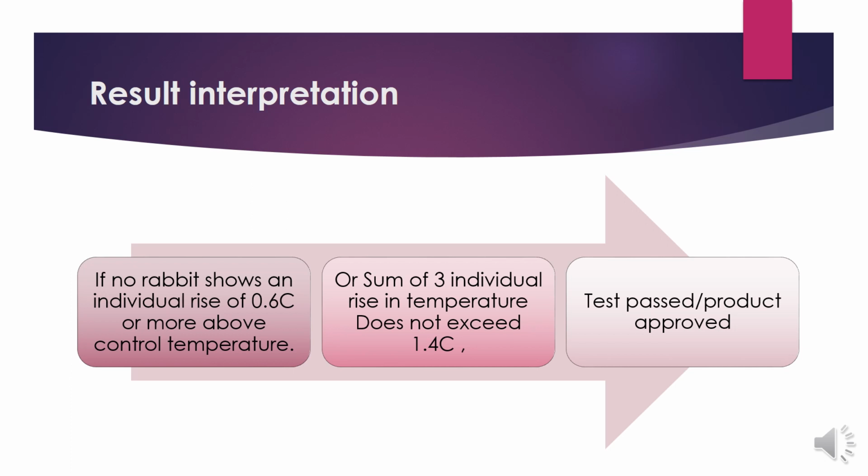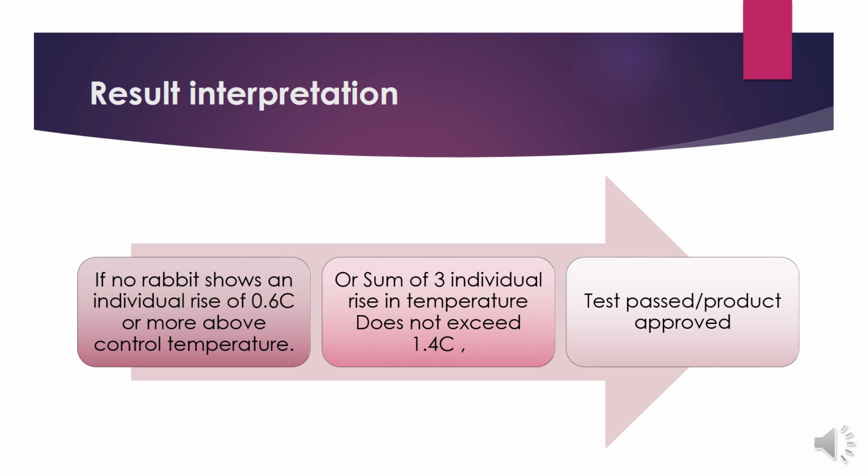If that sum does not exceed 1.4 degrees centigrade, your test is passed, your product will be approved, that your product is pyrogen free if these type of results are obtained.